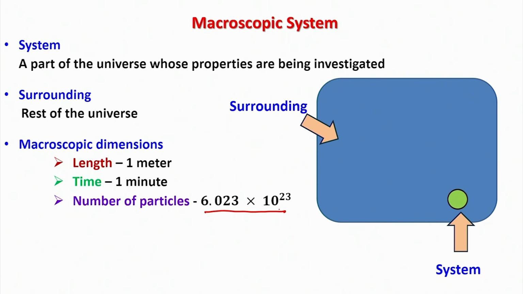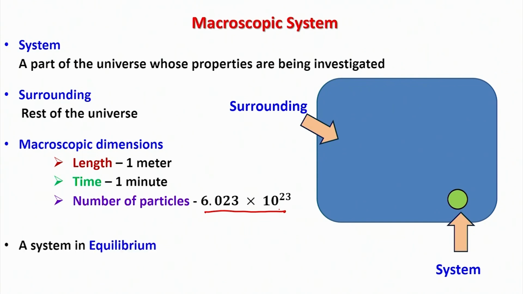When I am talking about a macroscopic system, therefore, I am talking about some part of the universe where the length, height or the width is typically 1 meter, where there are Avogadro number of particles constituting this body, and therefore I should be able to see this system with my naked eyes.